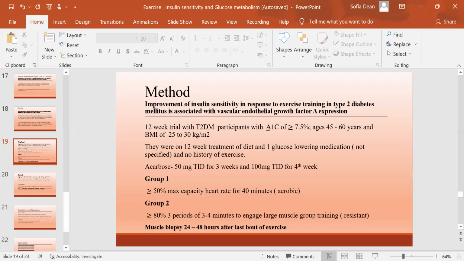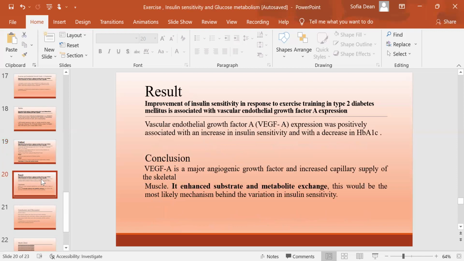Muscle biopsies were taken as well. These were 24 to 48 hours after the last bout of exercise, and this was to gauge different factors and changes. The results showed that vascular endothelial growth factor A, which is VEGF-A expression, was positively associated with an increase in insulin sensitivity and with a decrease in A1C.